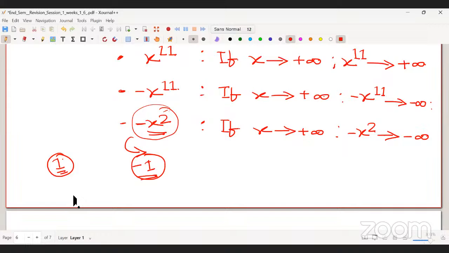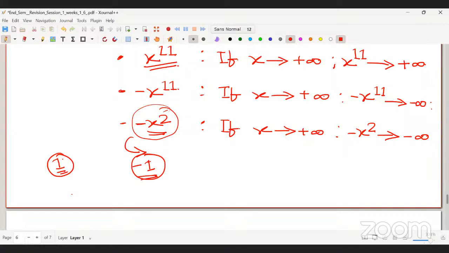Minus x power 11 is tending to minus infinity, and minus x power 2 is also. But x square will not tend to minus infinity. Yes, that is what I am saying: the end behavior depends on the power as well as its coefficient.